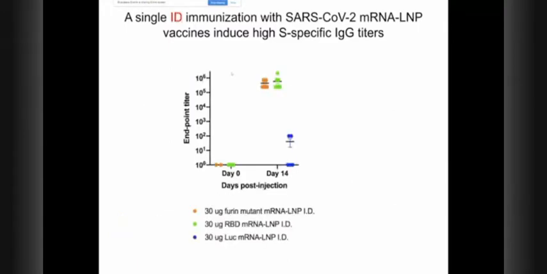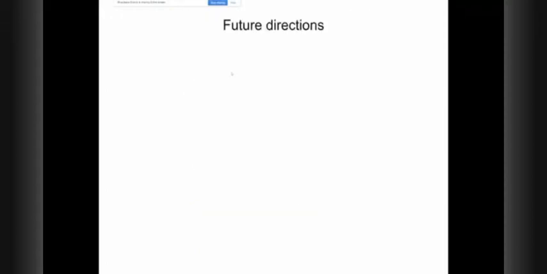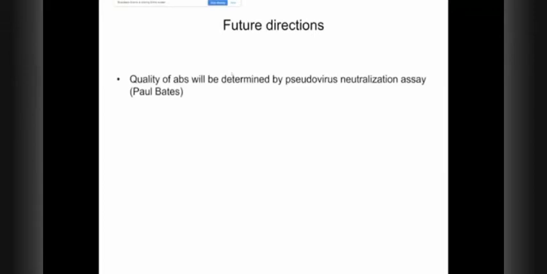We obtained similar data after intradermal immunization with 30 micrograms. So the take home from these experiments is that both SARS-CoV-2 vaccines are immunogenic in mice after intramuscular and intradermal immunization, but it will be much more important to look at the neutralization titers.